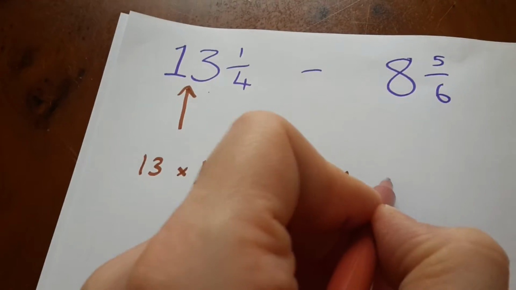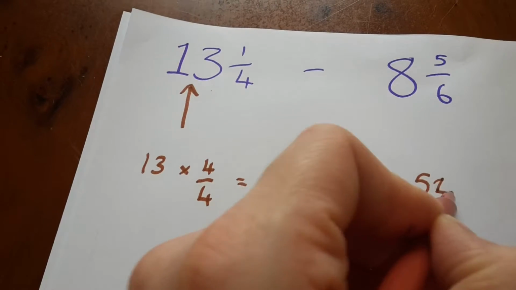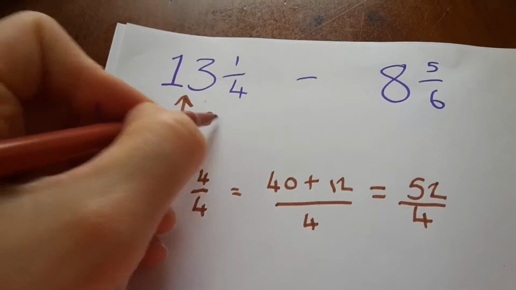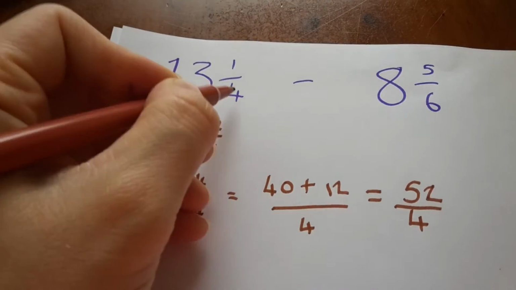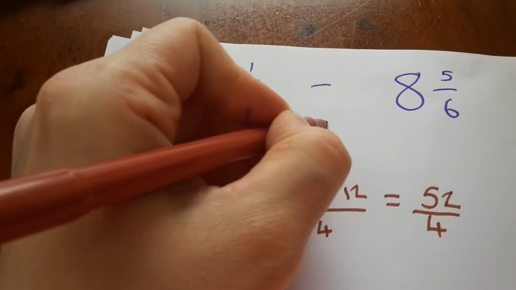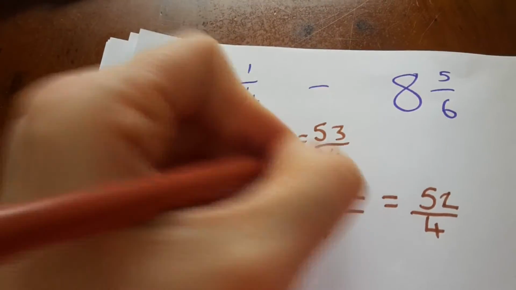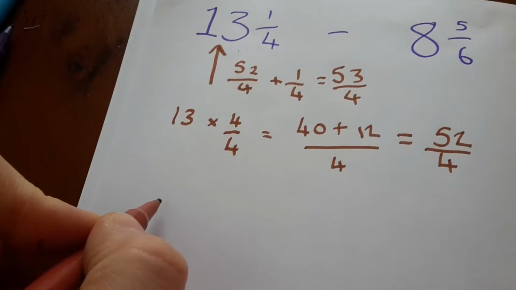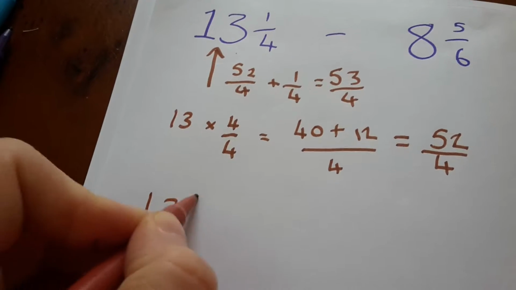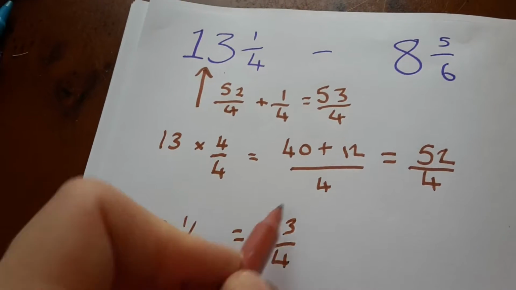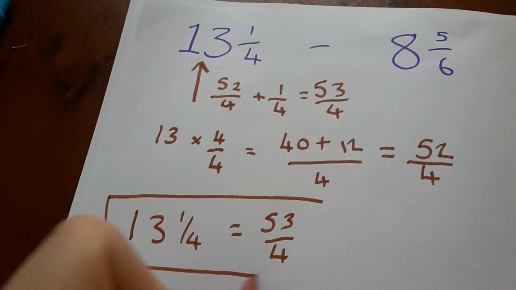So I've got 52 over 4. So I'm going to rewrite that as 52 over 4, and then I've got to include my extra quarter. So I've got 53 over 4. So I'm going to rewrite down here that 3 quarters equals 53 over 4. I'm going to use this again later.